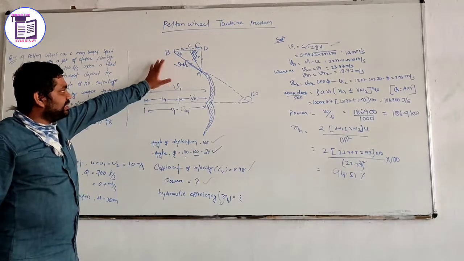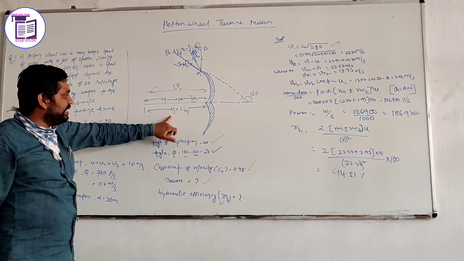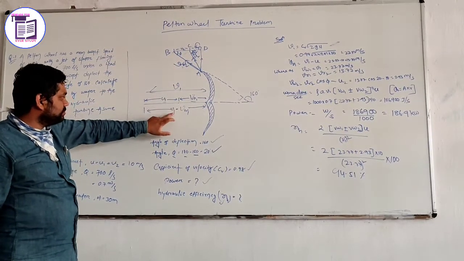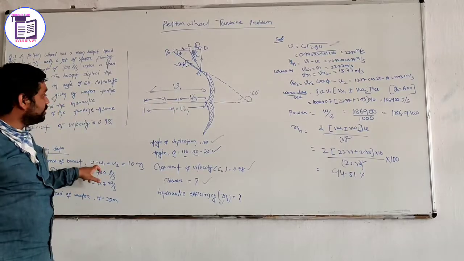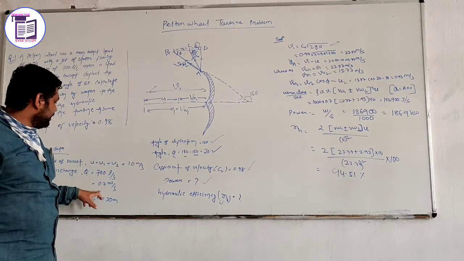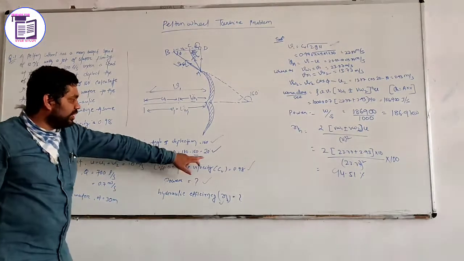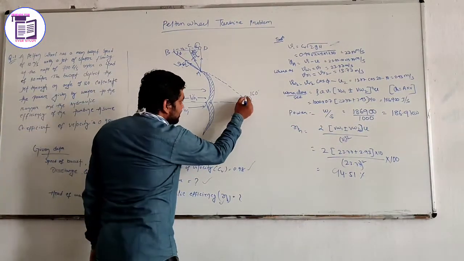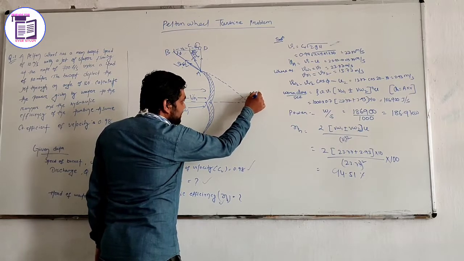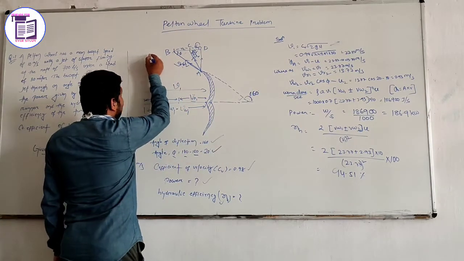So here the data is given: V1 is given, u is given, discharge is given, head is given, and the angle of deflection. So that is 20 degree. How do you get 20 degree? Look at here, the angle of deflection is 160 degree, and this is your triangle.